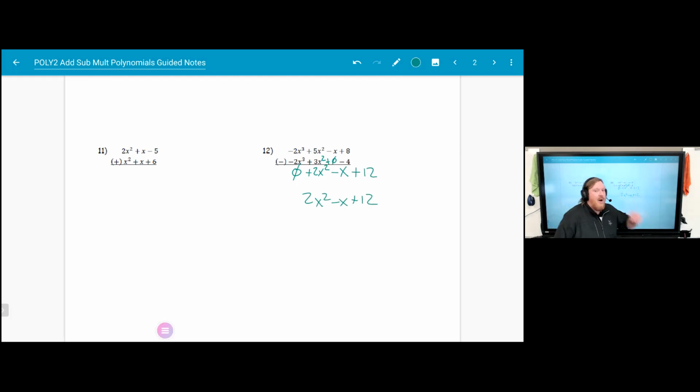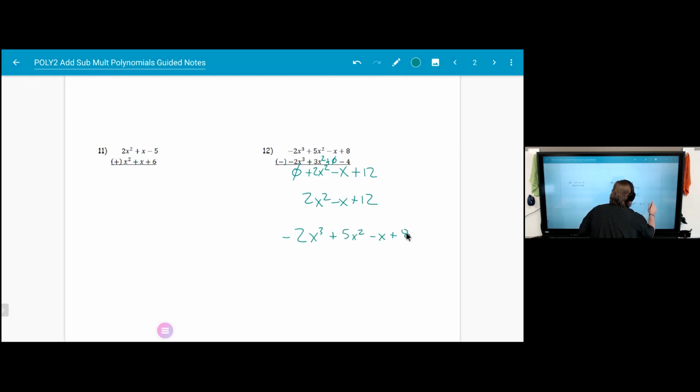Now, how I would love to see you do this, and if you want to do this, I would highly suggest it, unless you see it the other way, is turn the addition into subtraction. The top polynomial would still be negative 2x cubed plus 5x squared minus x plus 8.